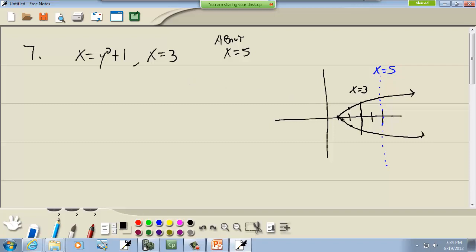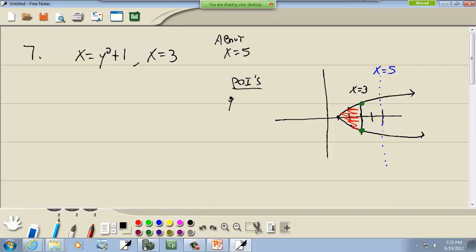And let me shade what we're going to be working with. This right here. We're going to revolve around that. Well, I have to find out what this point is and this point, because that's where we're going to revolve around. So that's the intersection of y squared plus 1 and x is equal to 3.